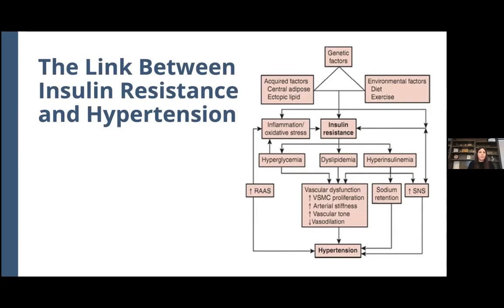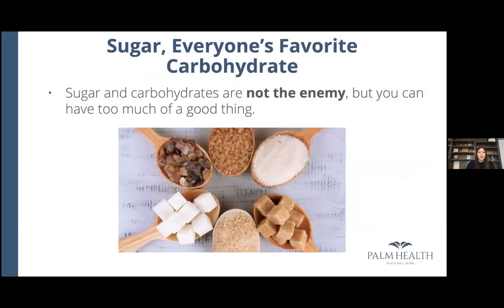And that is a really negative feedback cycle that causes us to have low energy, causes us to gain weight, and causes us to continue to eat more. So while sugar and carbohydrates aren't the enemy, and while it is important to eat the healthy ones, you can have too much of a good thing, and it is a risk with all this added sugar in our diets.